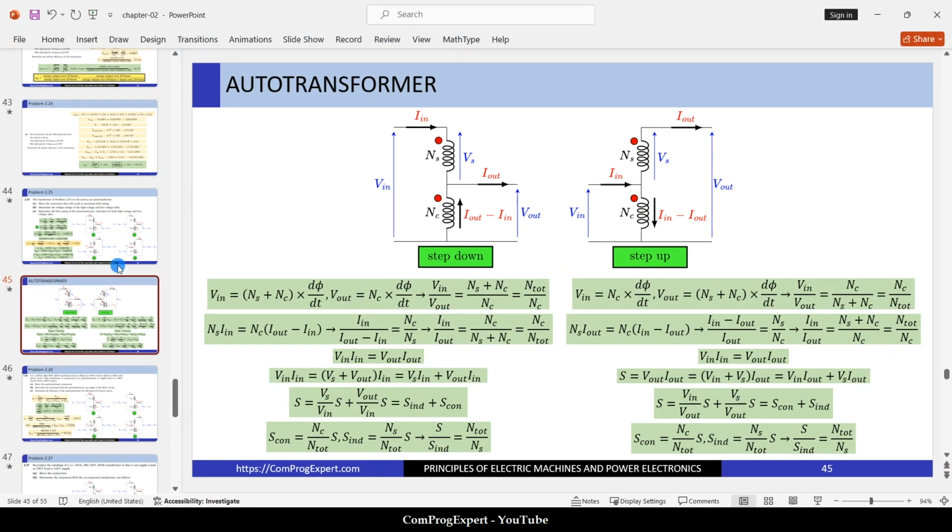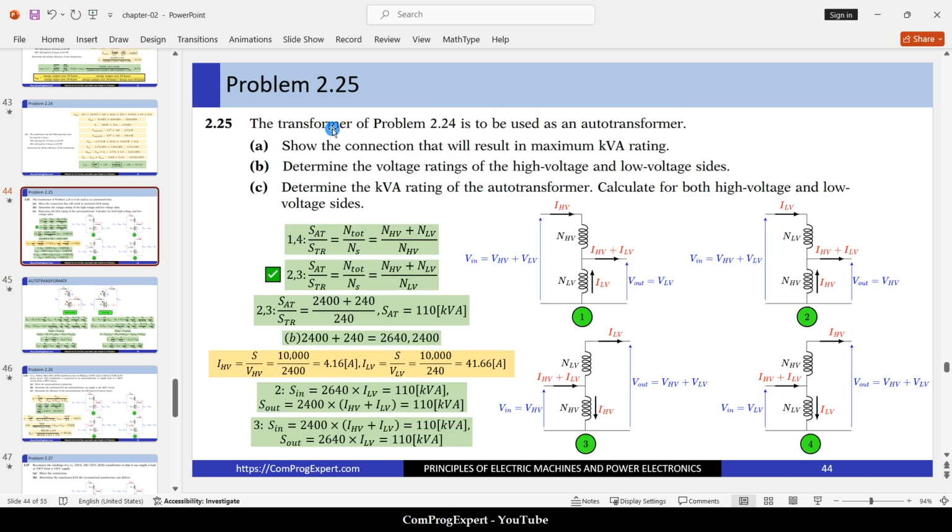So this is the problem that we have: show the connection that will result in maximum kVA rating. We have these four cases. In case 1, we have the high voltage winding here and the low voltage winding here. The input voltage is the voltage of the high voltage winding plus V LV, and we pick up the output voltage from the low voltage winding.